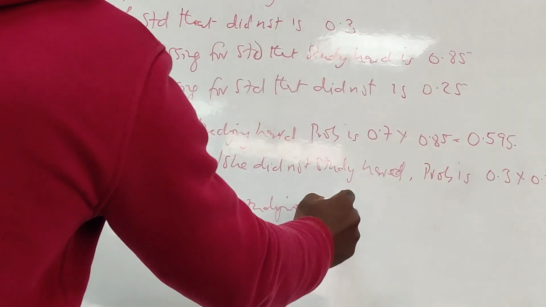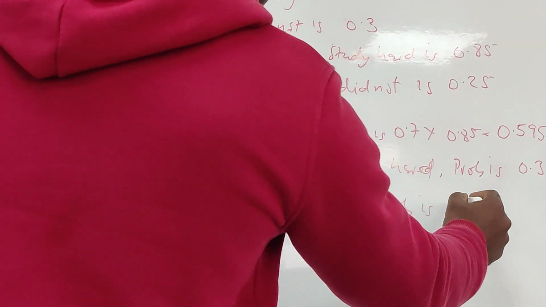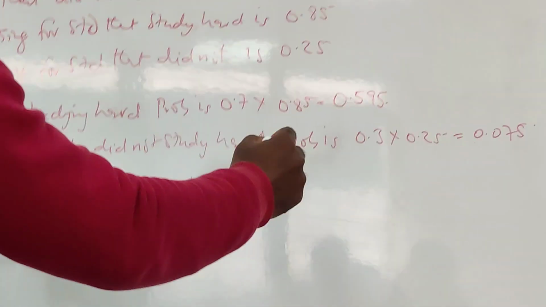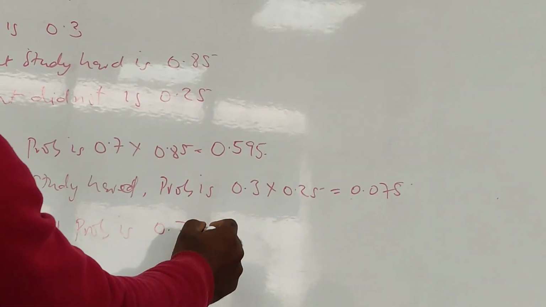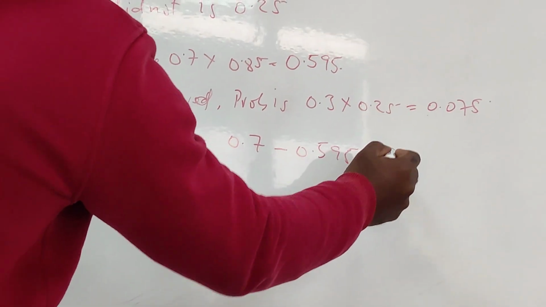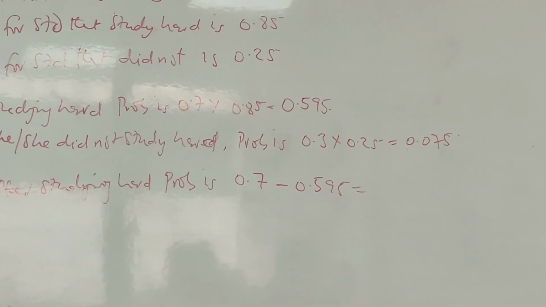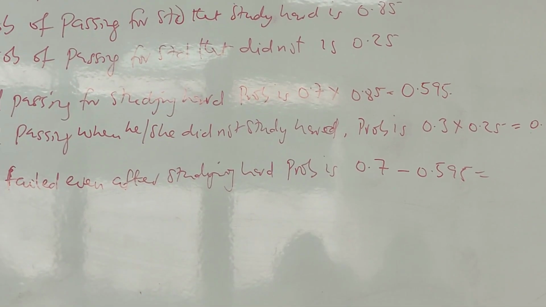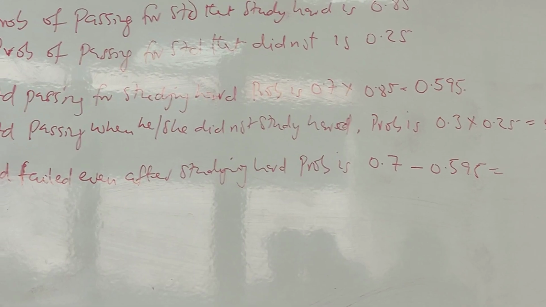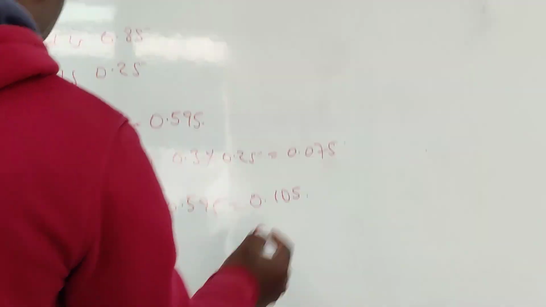Probability is 0.7 minus 0.595, and this is 0.105.